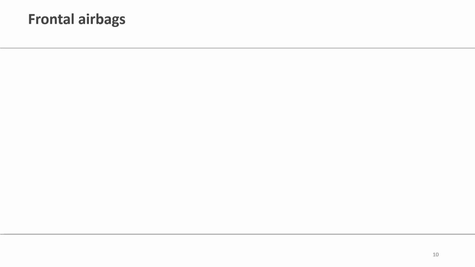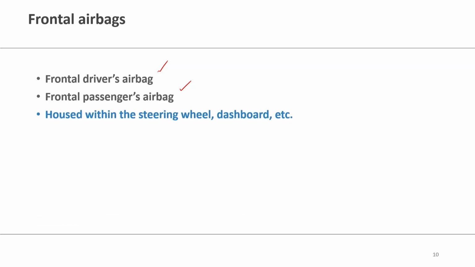So, frontal airbags are the frontal driver's airbag placed at the front, and the frontal passenger's airbag, for the passenger or driver who are sitting at the front seat. For them the frontal airbag is there. These are housed in the steering wheel or dashboard.